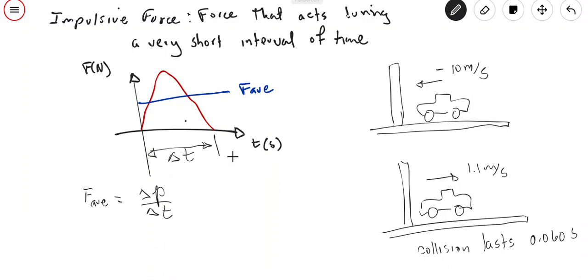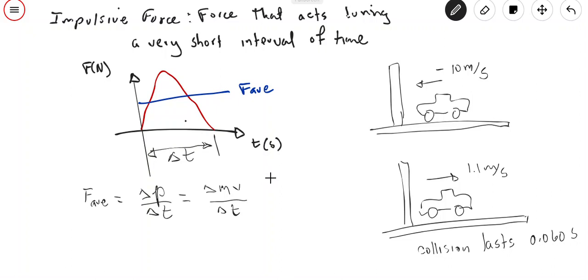So what is linear momentum? The linear momentum of an object is the product of the mass of the object times its velocity. So if we have a variation of linear momentum, we have a variation in the product of the mass times velocity of this object, divided by the interval of time.